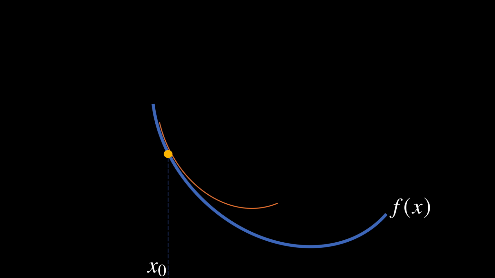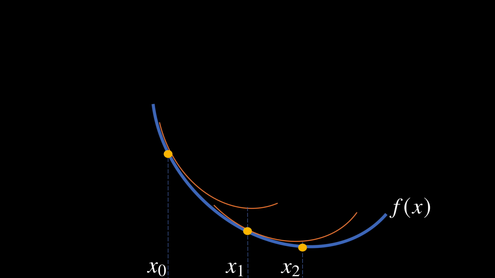Just imagine fitting a little quadratic surface in higher dimensions to your surface at the current point, and then going to the minimum of the approximation to find the next point. Finding the direction towards the minimum of the quadratic approximation is what you are doing.